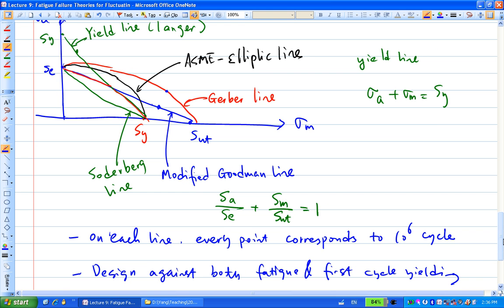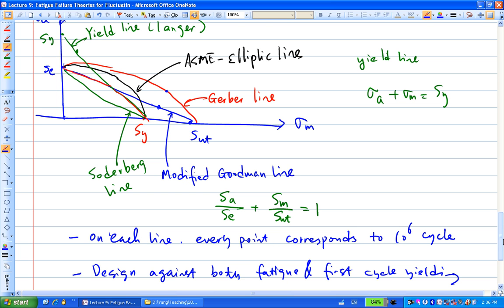Which criteria give you this satisfaction at both times? Soderberg, right? Because the Soderberg is below that first cycle yielding there. And then again, which one gives you the most conservative result? Soderberg. Okay, so that's how you look at this bunch of lines that are here.